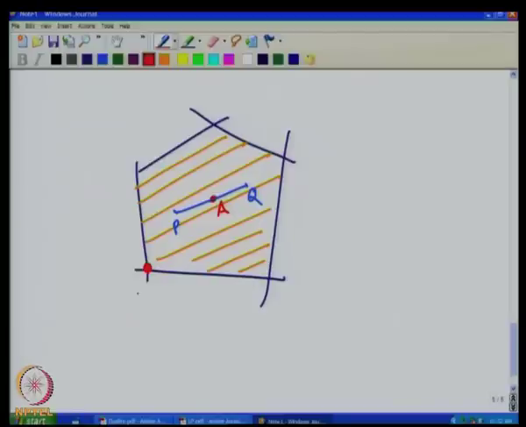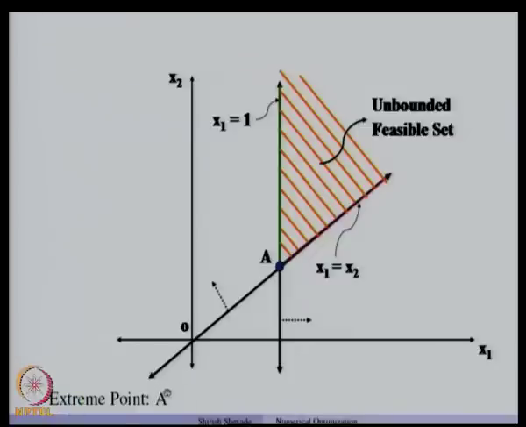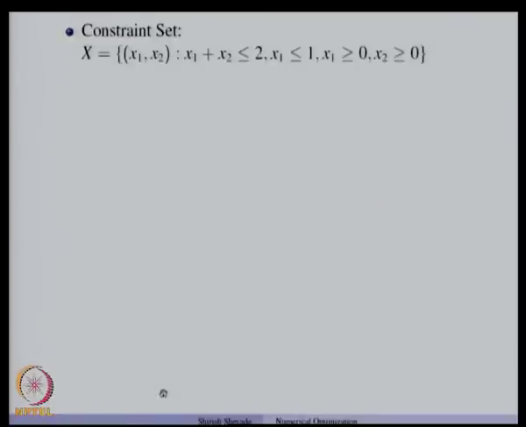So, this is a vertex or an extreme point. So, this set has an extreme point A.